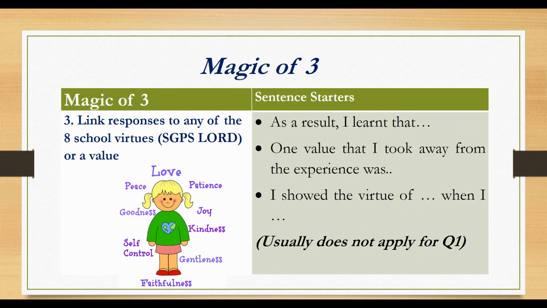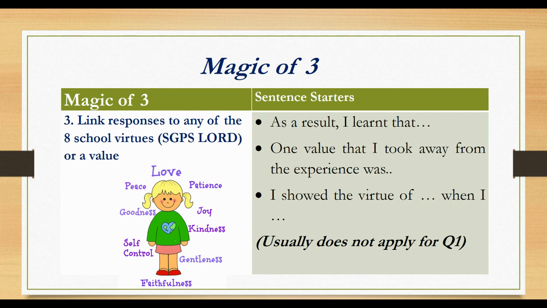For your oral exam, if you can, also try to link to the school virtues. We have eight SGPSLORD, or you can link it to a value such as love, patience, kindness, self control, and so on. Okay, but I think it will not be difficult to bring in any of our eight school virtues, especially self discipline, generosity, sincerity, perseverance, and respect.